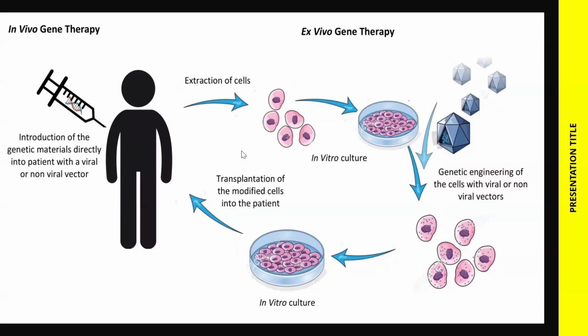So this is an example of how gene therapy is applied. It means that here you get a gene and you introduce it into the viral vector, and then you use the viral vector to introduce the gene into the cell. After the gene is introduced into the cell, it is then transferred back into the human. And this is the concept of gene therapy.